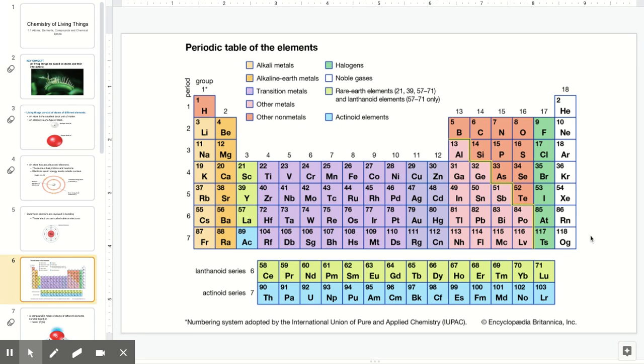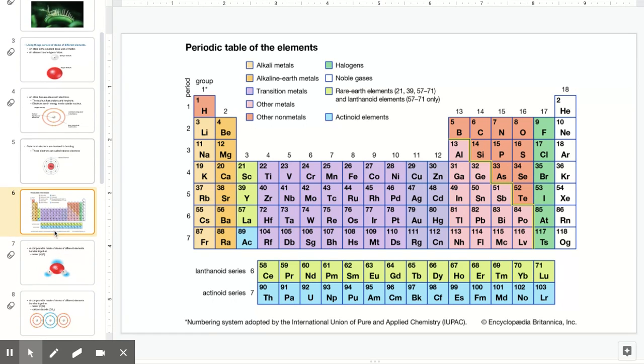Not saying that metals aren't involved in biology, but there are lots of chemical interactions in living things that involve nonmetals. Hydrogen, carbon, nitrogen, oxygen, and so forth. We're going to talk a lot about carbon later on.